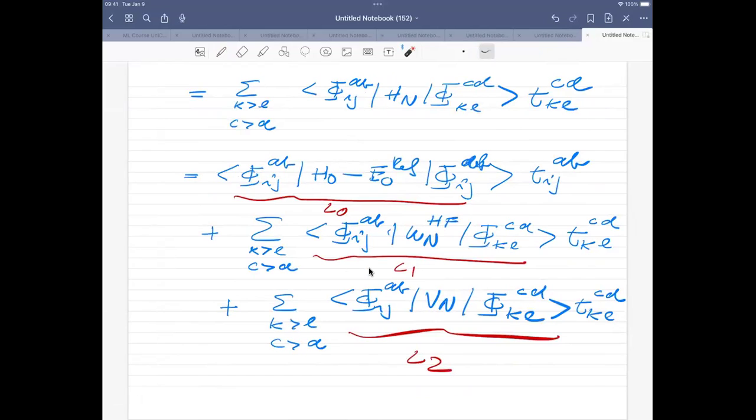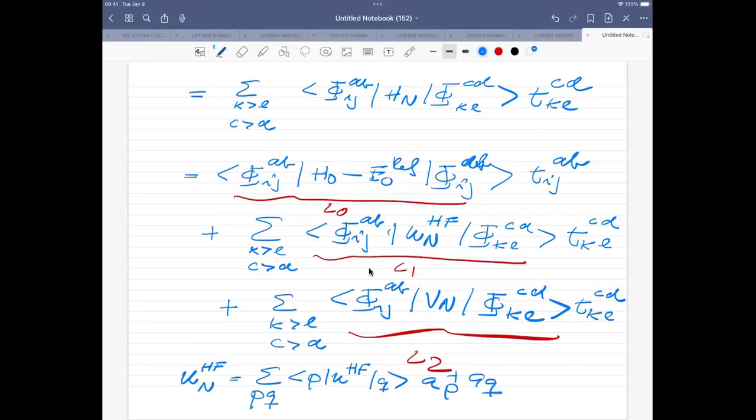And if I now go back and set up this U Hartree-Fock term, normal ordered with respect to the vacuum, it is simply given by a one-body operator, a sum over P and Q of U Hartree-Fock of PQ multiplied with AP dagger AQ.